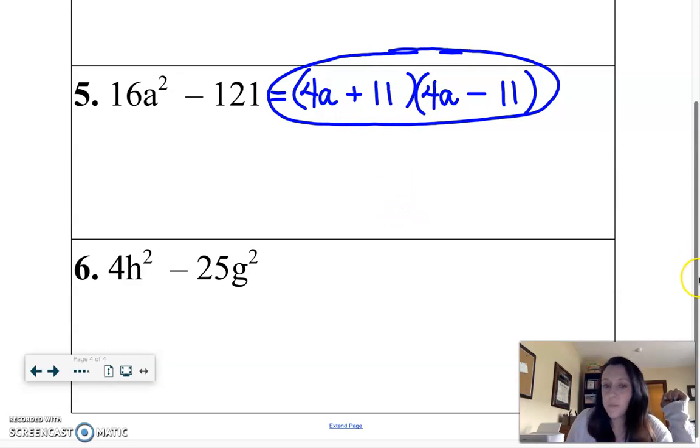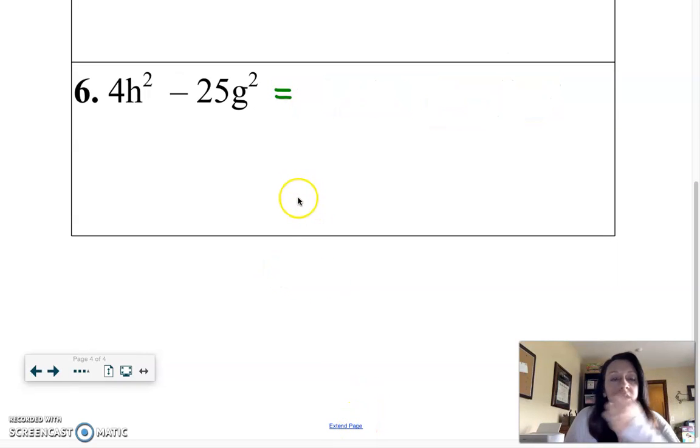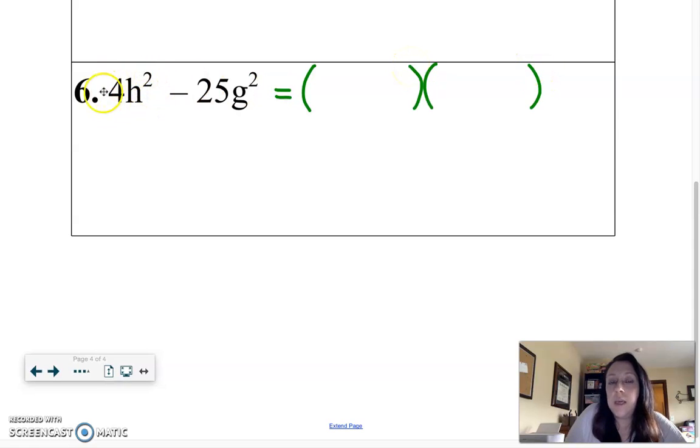Okay. Last one. Oh, I have a little challenge at this last one. So this last one, we have 2 terms. We have a minus sign. 4 is a perfect square because that's 2 times 2. 25 is a perfect square because that's 5 times 5. The twist is that we have letters in the front and in the back, which we haven't had before, but that's okay. We can do it. So, let's start with the beginning.